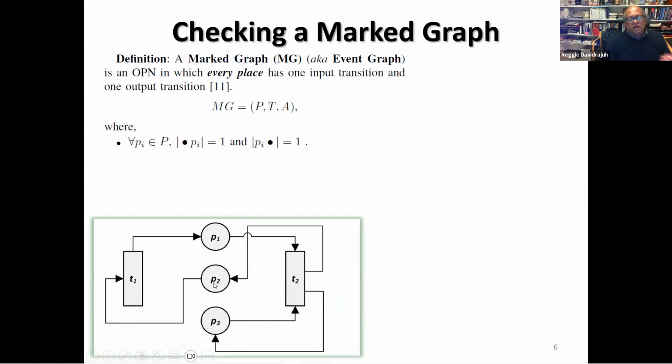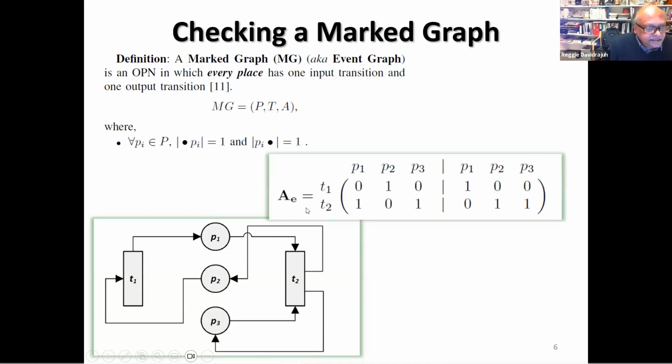Therefore, this is a marked graph. How can we automatically detect it? Simple. Take this incident matrix. Each column must have only one in the sum. Here it is 1, summation is 1, here it is 1, here it is 1, and so on. Therefore, it's a marked graph. So these are warm-up exercises.